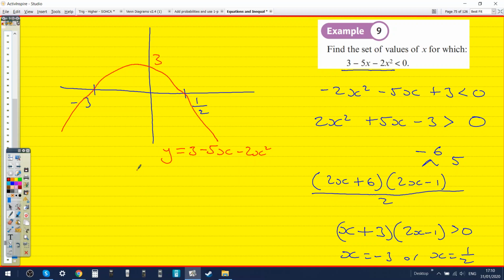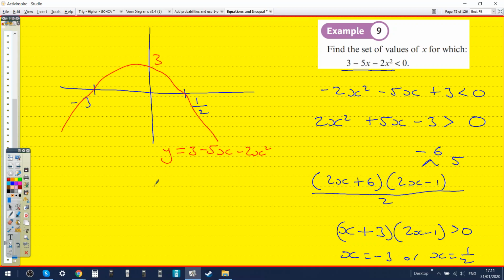And then after that, I'm not sure. Where is the graph less than 0? In the middle. I mean. So you know how like y equals this thing, 3 minus 5x minus 2x squared. So where this thing is less than 0 is the same as where y is less than 0.